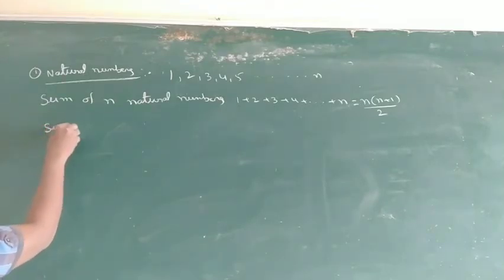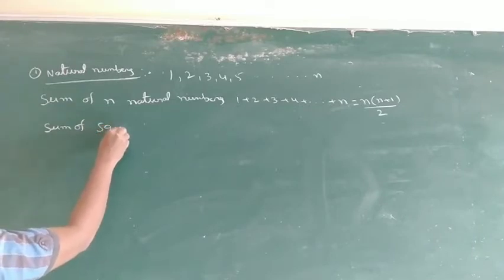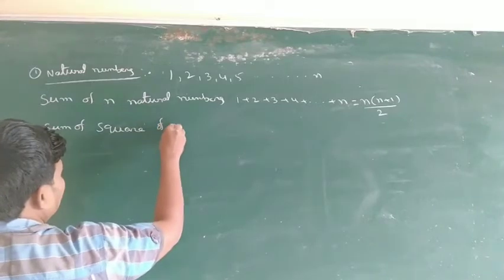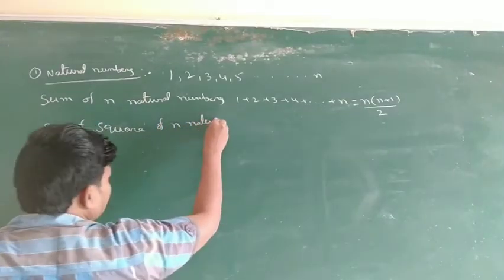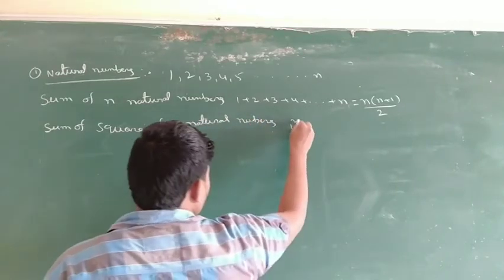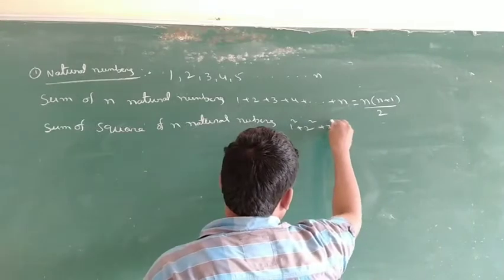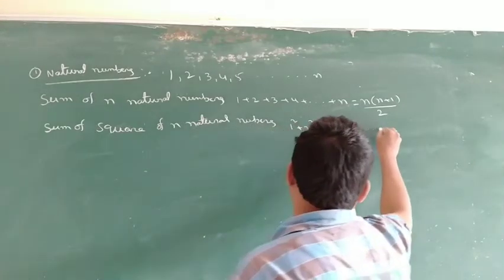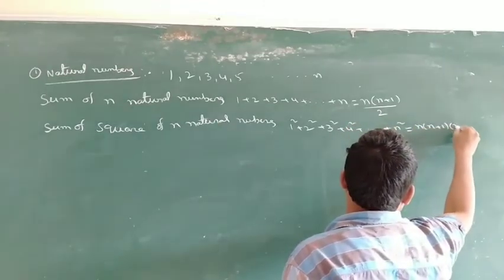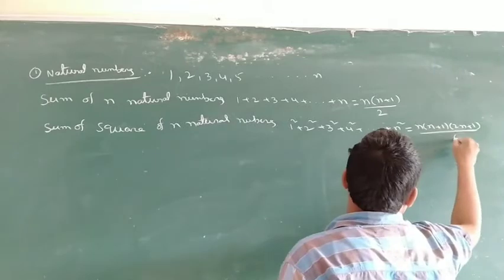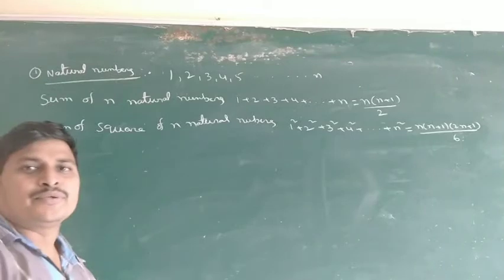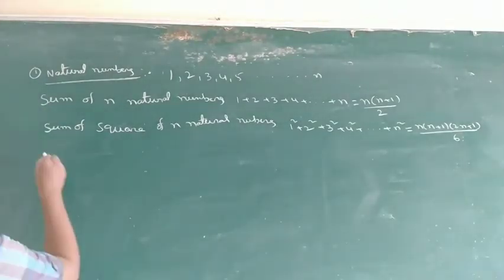Sum of squares of n natural numbers: 1 square plus 2 square plus 3 square plus 4 square and so on plus n square is equal to n into n plus 1 into 2n plus 1 by 6. This is the formula.